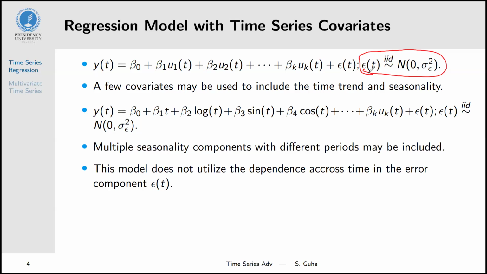There is no sudden change, so definitely they will be correlated. So the assumption that tomorrow has nothing to do with today is not correct. If we work with such a simple-minded regression model, it will give us an incorrect result. As I have stated here, this model doesn't utilize the dependence across time in the error component.